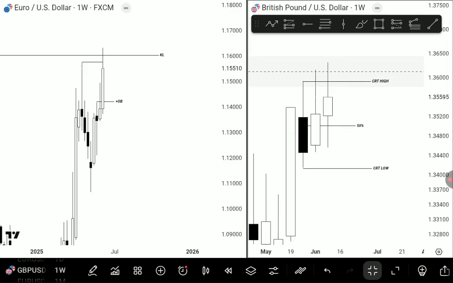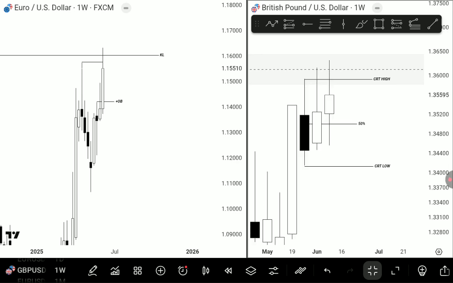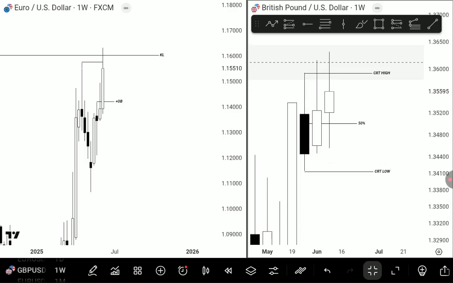And now moving on to the time perspective of the charts, right? First of all, when you're talking of time, we usually start with the seasonal tendency of the particular pair. And if you look at the seasonal tendency chart for euro and the pound, it's usually a choppy month in June, right?